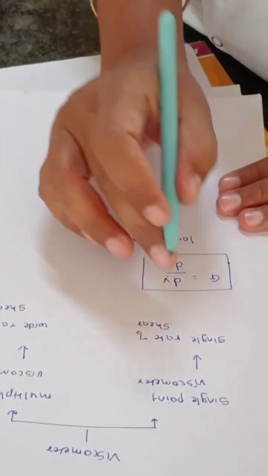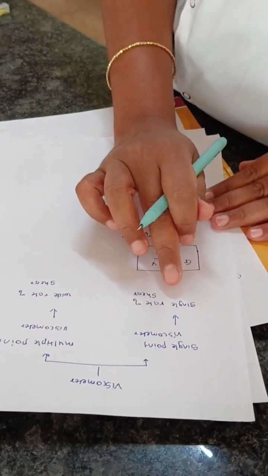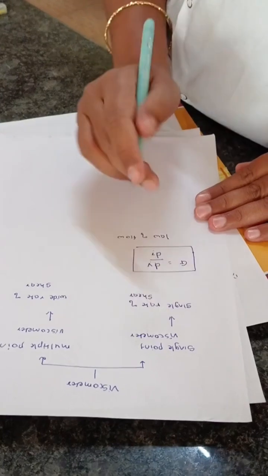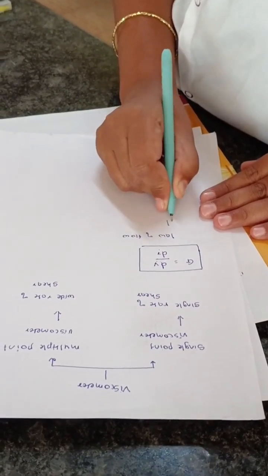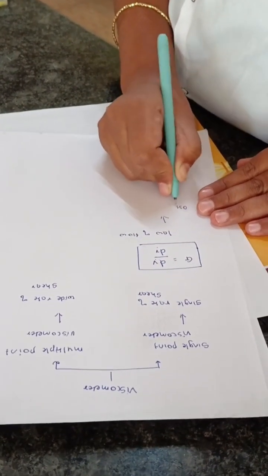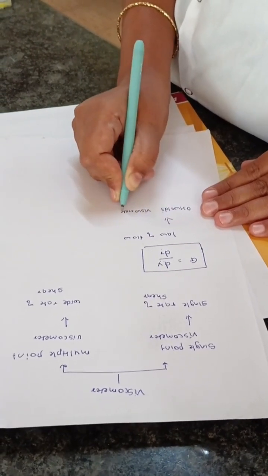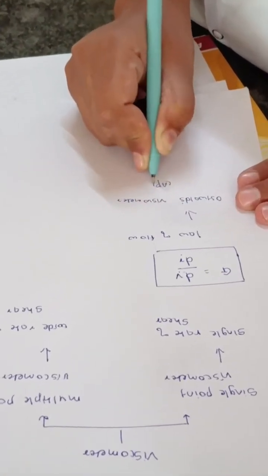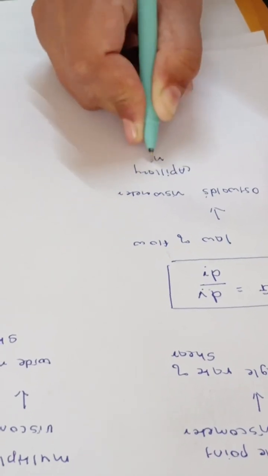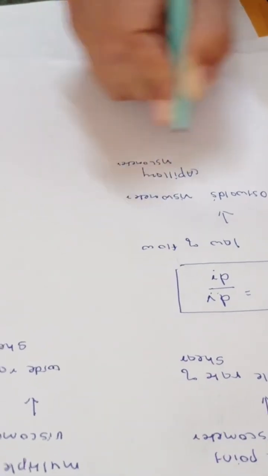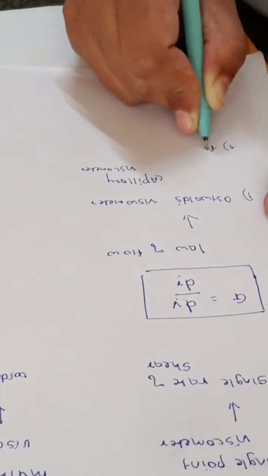Now, the viscometers which operate at the single rate of shear are the Oswald's viscometer, which is also called capillary viscometer, and the second is falling sphere viscometer.